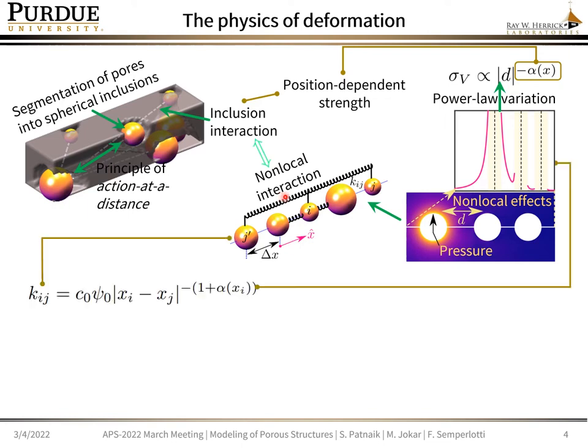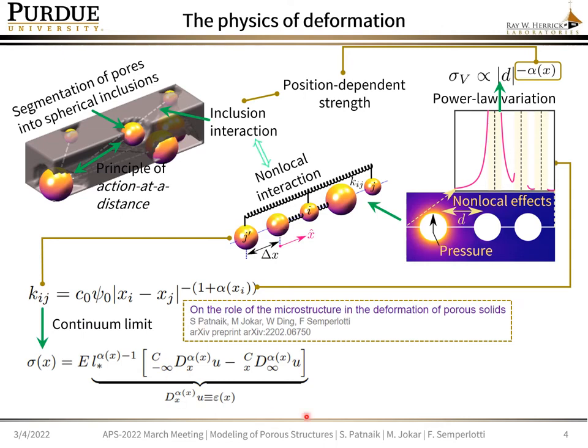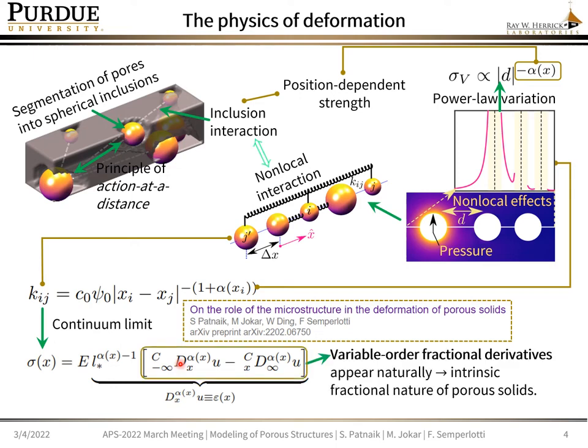So when we obtained the 1D continuum limit of this lattice, we noted that in the stress expression, variable order fractional derivatives appear naturally. I want to emphasize that this appearance of variable order fractional derivatives is not merely a mathematical expedient, but is an intrinsic expression of the physical signature of the porous microstructure on the macroscopic deformation state of the porous solid.